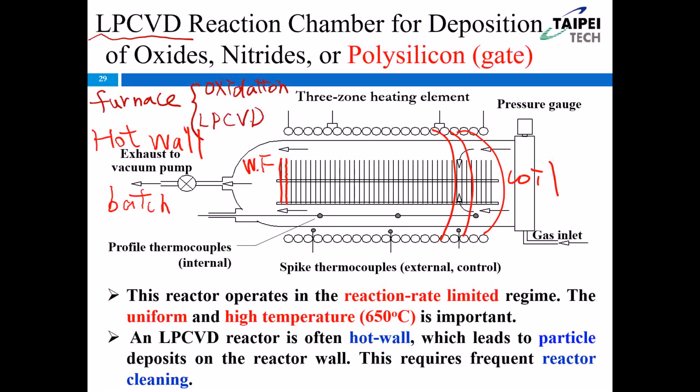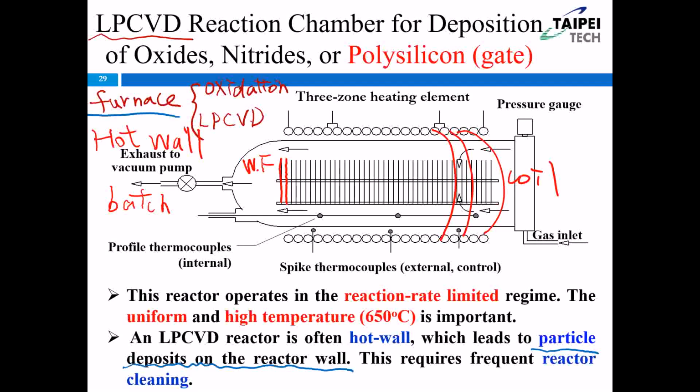Okay. But you need to know that for the furnace, one drawback is the particle. The particle will deposit on the chamber, and then when you heat the chamber again, this particle will fall down on the silicon wafer.